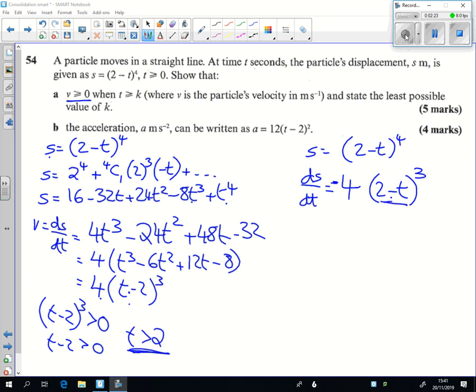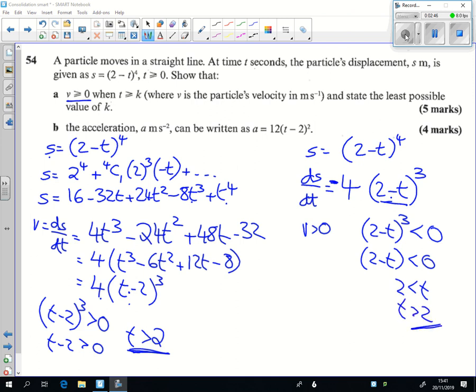So slightly more complicated in that this time here we need to say, well, if v is greater than 0, then this bit here must be less than 0. That I've already got the negative bit here. So that means I need that to be less than 0, and that means I need 2 to be less than t.